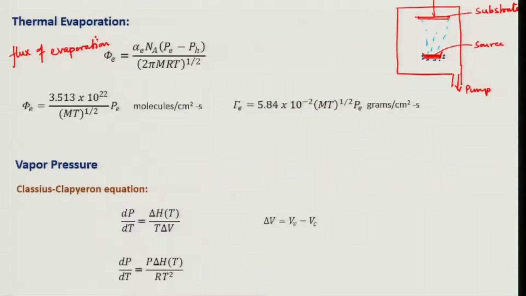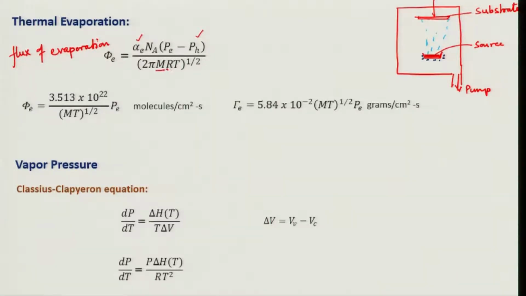This expression is very similar to the expression that we have used for impingement. We have two additional terms, alpha E and pH. Other than that, it is the same term. Either you are heating the source to drive away atoms or molecules of the source, or they come and get impinged. It is just the reverse process.